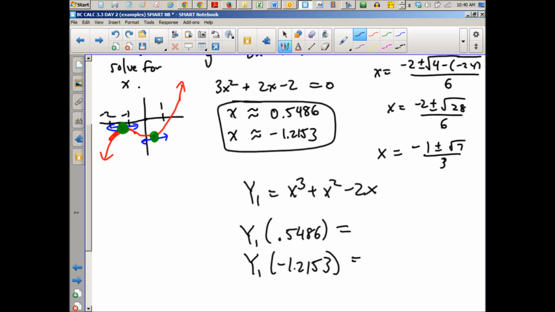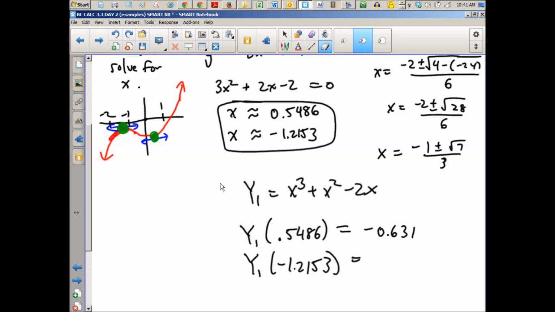And the calculator will give us the y values very, very accurately. Okay, so y1 of 0.5486 gives me negative 0.6311. And we're losing accuracy as we rounded multiple times. So I'm just going to leave it as negative 0.631.